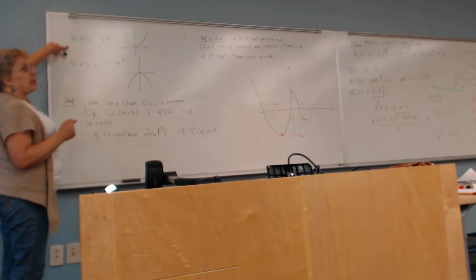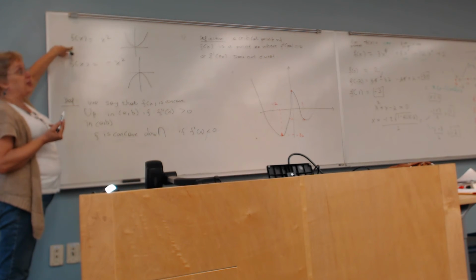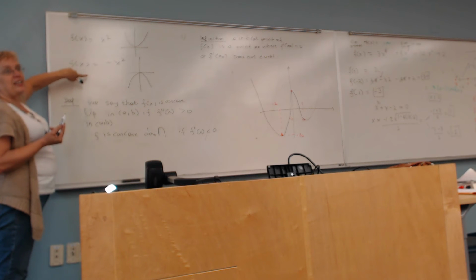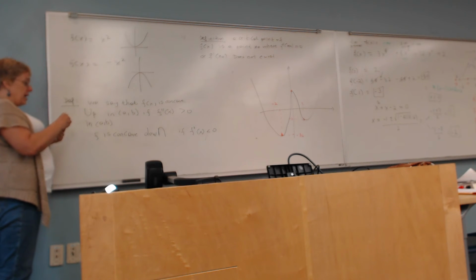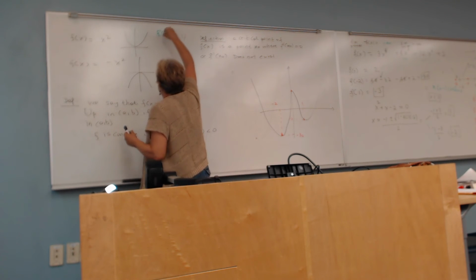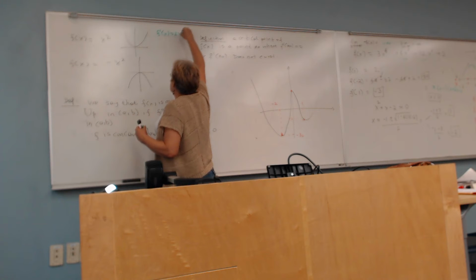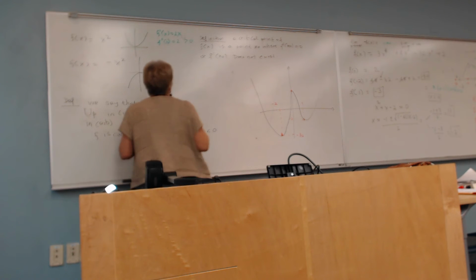So here, the parabola is the prototypical concave up function, and that is the prototypical concave down function. Why? Because if you consider the first derivative here, that is equal to 2x, the second derivative is just 2, and that is greater than 0.